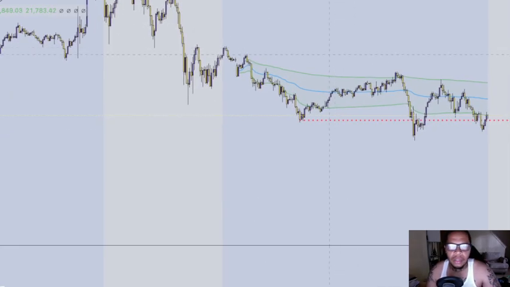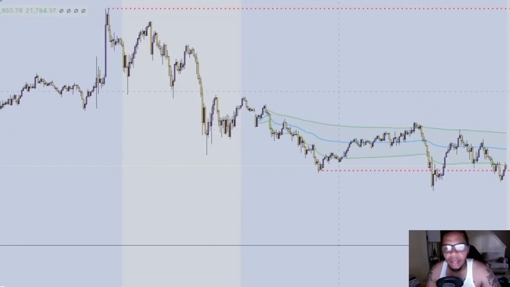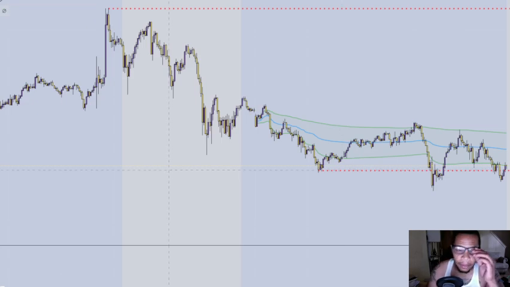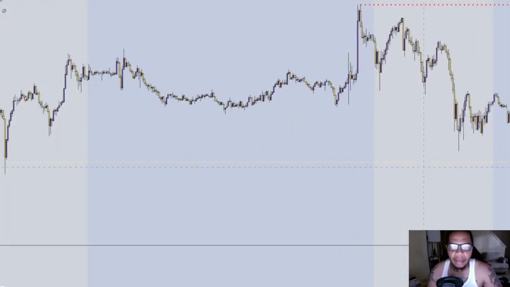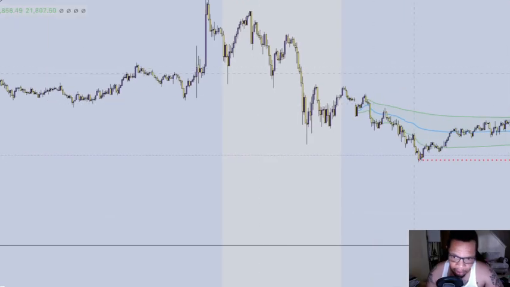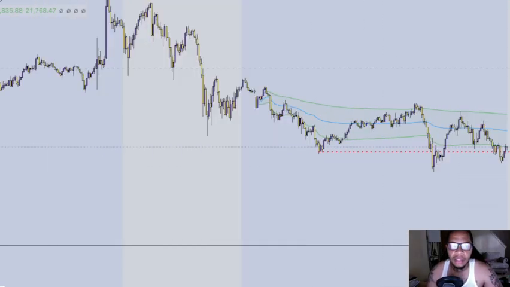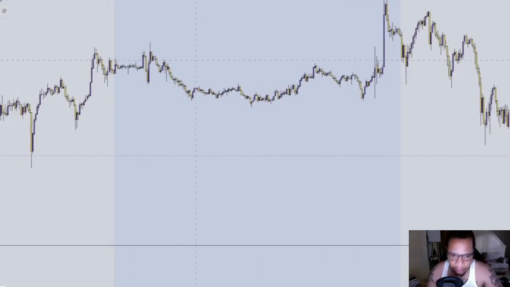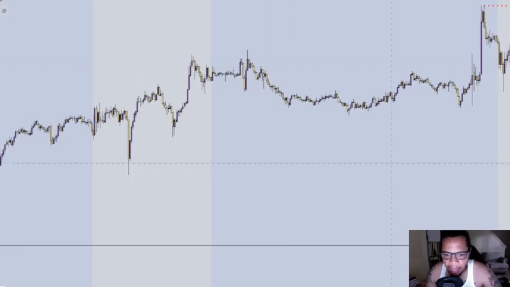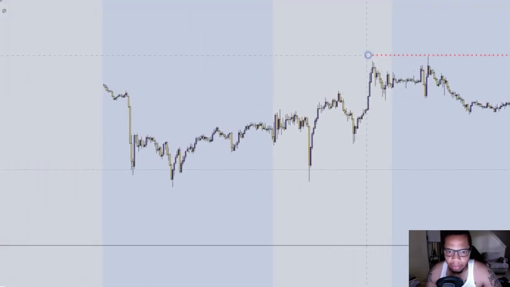All right, so we've got our high of day and our low of day. Once I get that, I go two previous trading days. So if it's Thursday, we have Wednesday, then we go to Tuesday. This is how we find the pre-high of day and the pre-low of day, which is the previous high and the previous low.